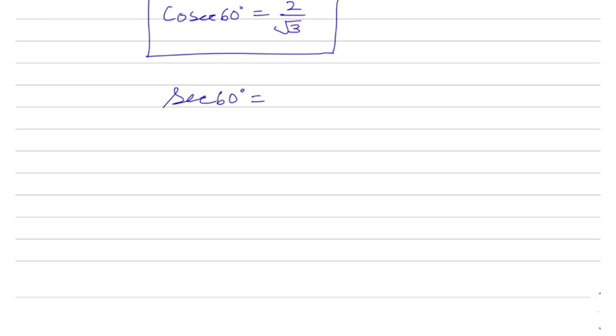And sec 60 degree is equal to 1 upon cos 60 degree, which is equal to 1 upon 2. Therefore sec 60 degree is equal to 2.